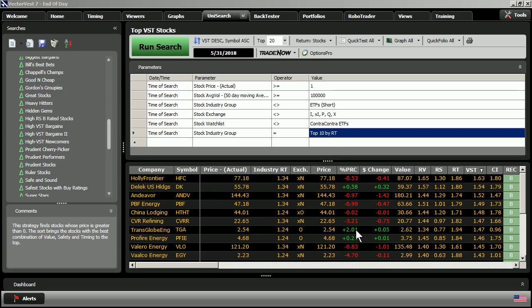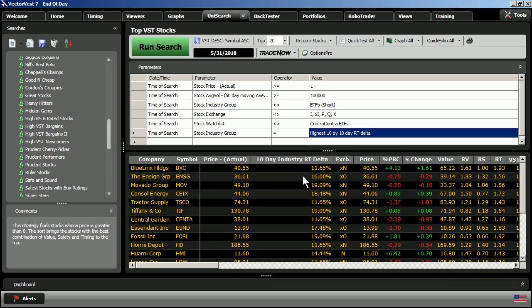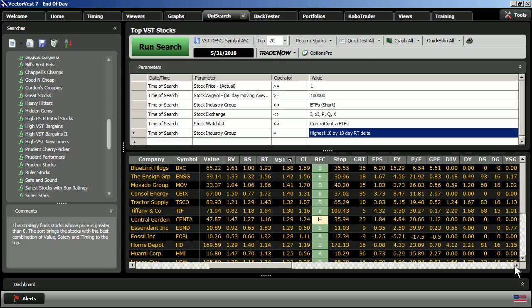And finally, show me those stocks that are in the industries that are moving and shaking by taking a look at the top delta industries that are on the highest 10 by virtue of their 10-day change in RT. Here are the stocks that are in those fastest accelerating industries sorted by VST.